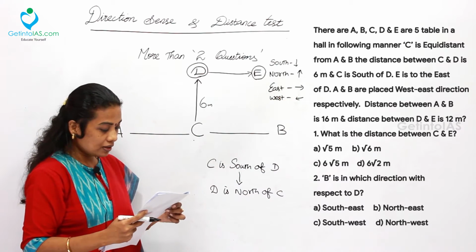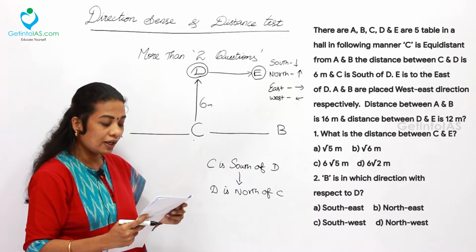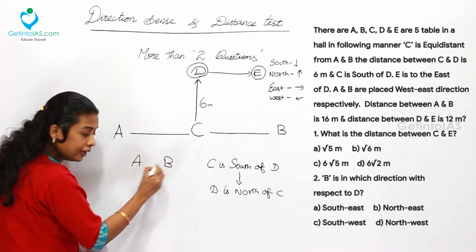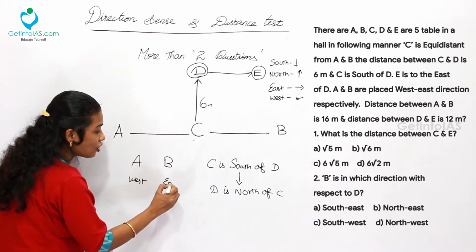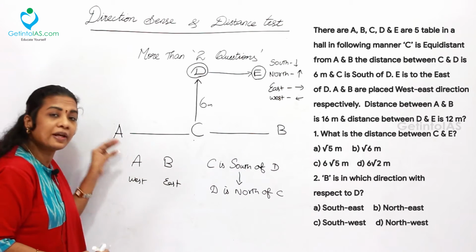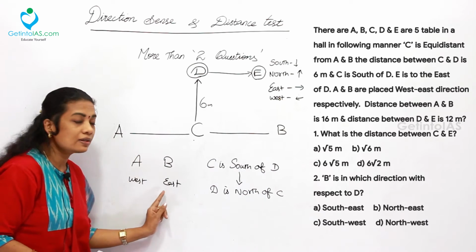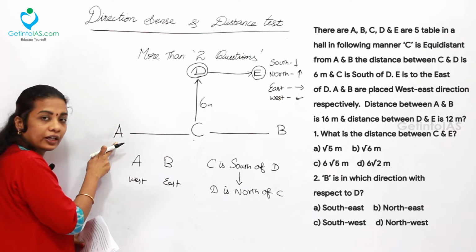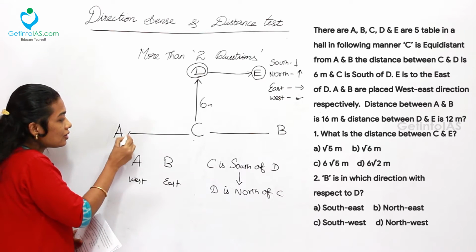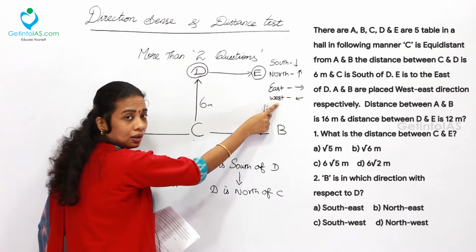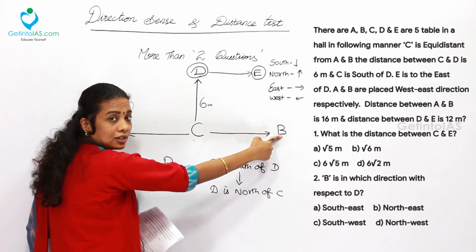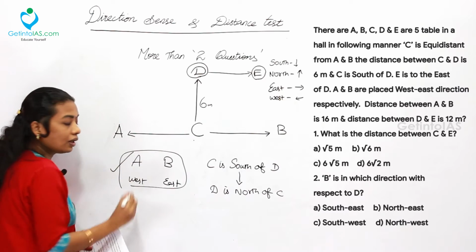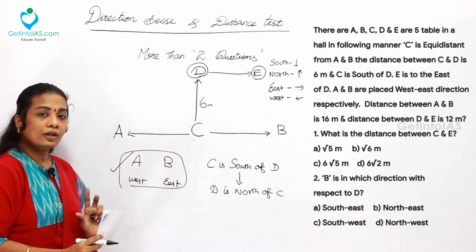The next thing given is that A and B are placed west-east respectively, which means A is placed in the west and B is placed in the east of the diagram. So what we have done is perfectly correct. This left side denotes the west and this right side denotes the east. So exactly we have done what is the given condition, and according to that we have done the diagram.